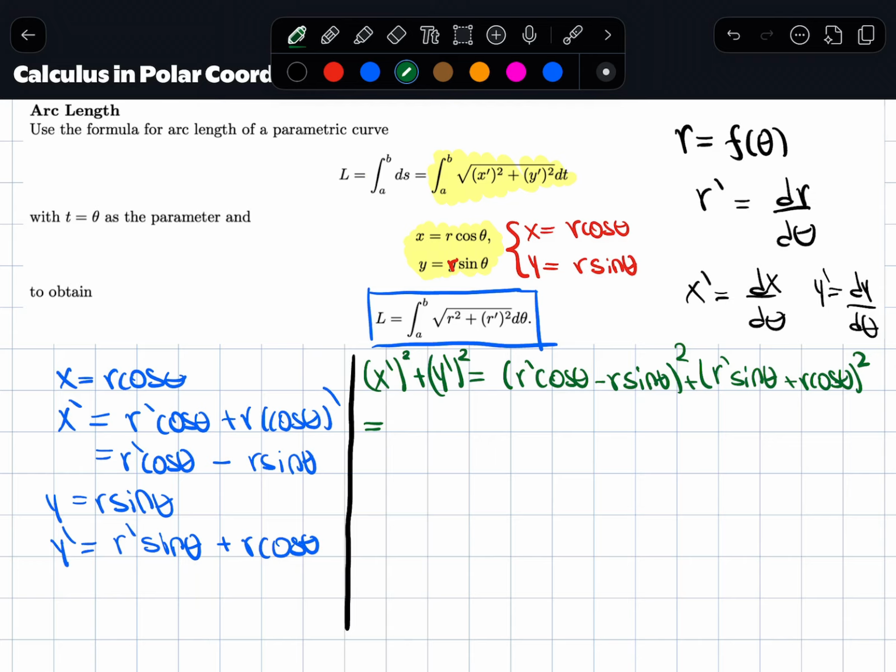Right, so let me go ahead and square this first term here. And with that, I'm going to be getting r prime squared cosine squared theta plus r squared sine squared theta, and then minus 2 r prime r cosine theta sine theta.